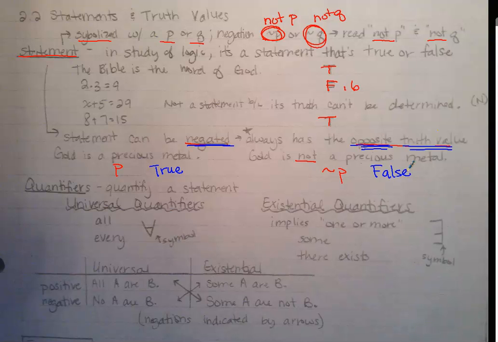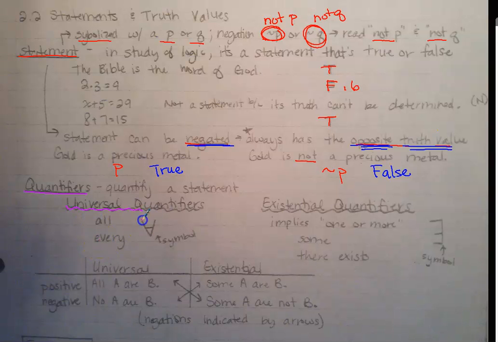Okay. Then there are different parts to our statements. First up, we're going to use these quantifiers. Quantifiers quantify a statement. So we have universal quantifiers, and those are all and every.